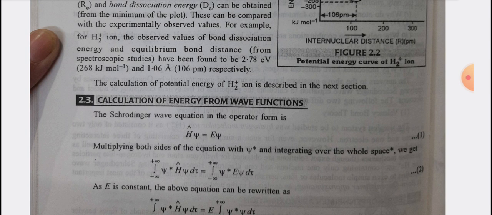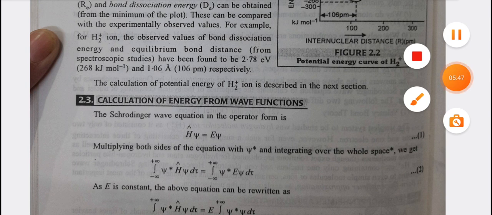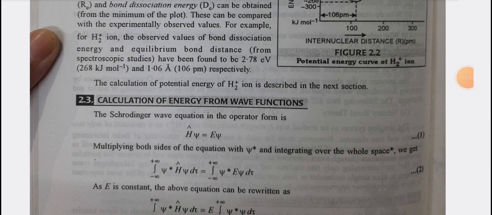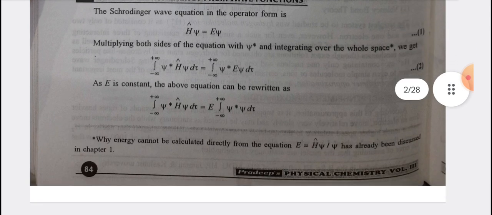Multiplying both sides of the equation with ψ* and integrating over the whole space, we get the integral from minus infinity to plus infinity of ψ* H ψ dτ equals the integral from minus infinity to plus infinity of ψ* E ψ dτ. As E is constant, the above equation can be written as the integral from minus infinity to plus infinity of ψ* H ψ dτ equals E times the integral from minus infinity to plus infinity of ψ* ψ dτ.